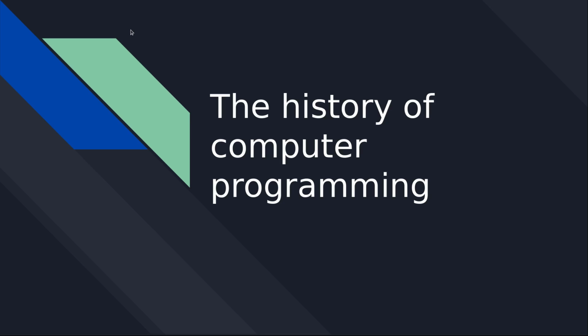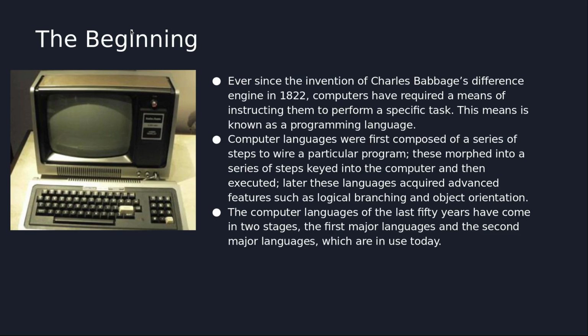So let's get started. In the beginning, ever since the invention of Charles Babbage's difference engine in 1822, computers have required a means of instructing them to perform a specific task. This means is known as a programming language that we see today. Computer languages were first composed of a series of steps to wire a particular program.